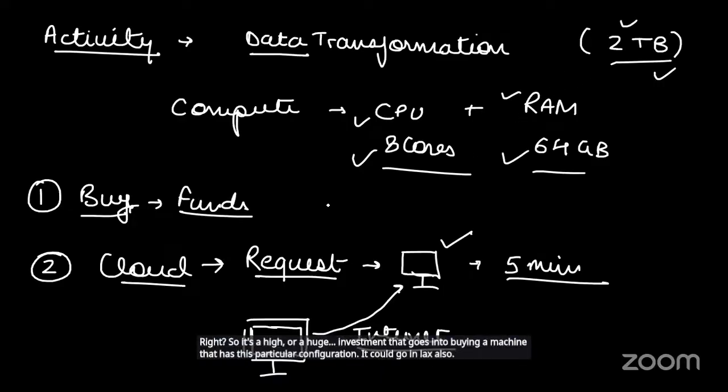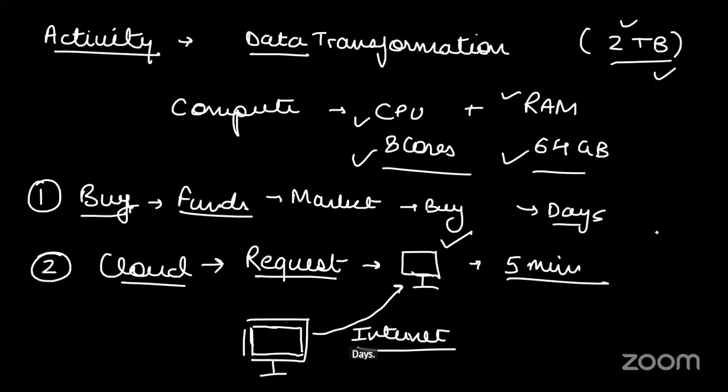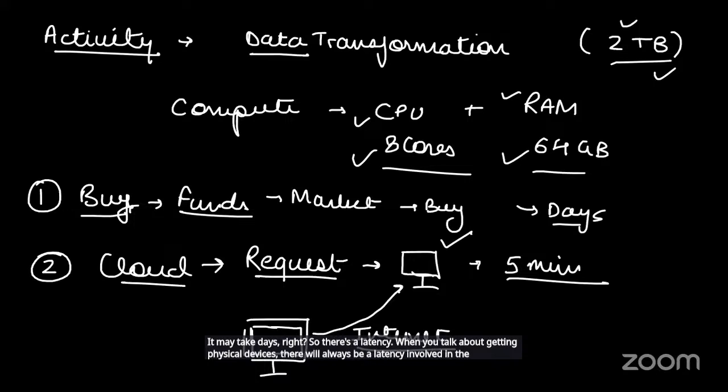So you need to first arrange for the funds. Then you go to the market, you buy it, you bring it back, and more or less it may take days. All right, it's not something that you do within 5 minutes. It may take days, right? So there's a latency. When you talk about getting physical devices, there will always be a latency involved in the process, right?